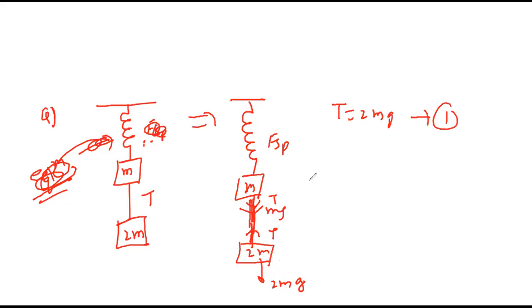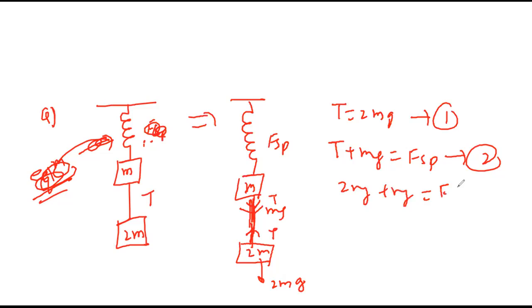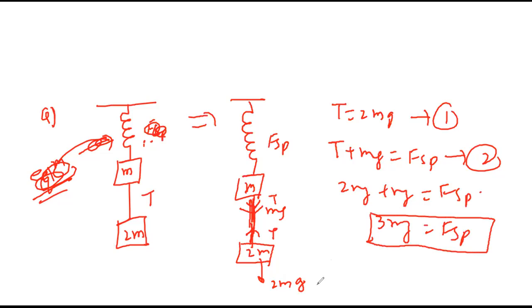So first equation. In the spring, what will I get at equilibrium? Tension plus mg is balancing the spring force in the upward direction at equilibrium. So 2mg plus mg is the spring force. That means 3mg is the spring force acting at that time. Write this much, I am going to tell something different after this. Please write this much, understand and do. If this seems difficult, all this will come, spring and spring.